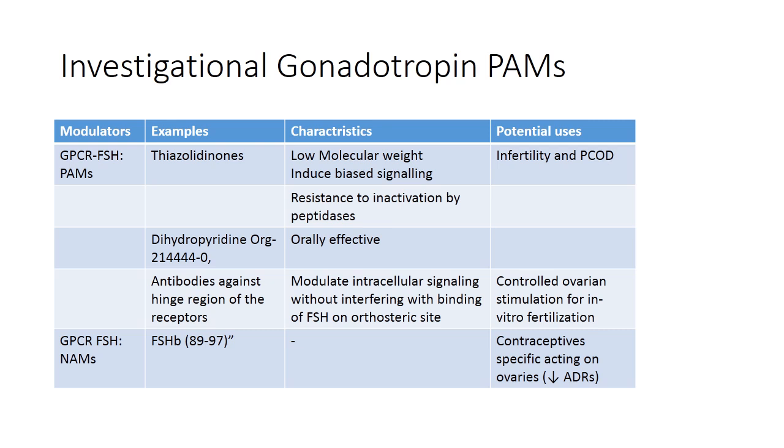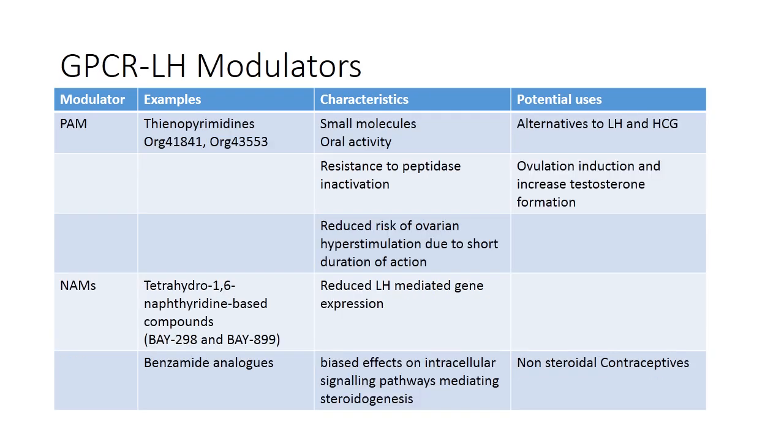The NAMs are also being developed at the follicle stimulating hormone GPCR, and they have been investigated as specific contraceptives which do not have much of the adverse effects of oral contraception. Similar NAMs and PAMs are also being developed for LH hormone, that is gonadotropin, and thienopyrimidines, and the investigational naphthalene derivatives are BA298 and 899.